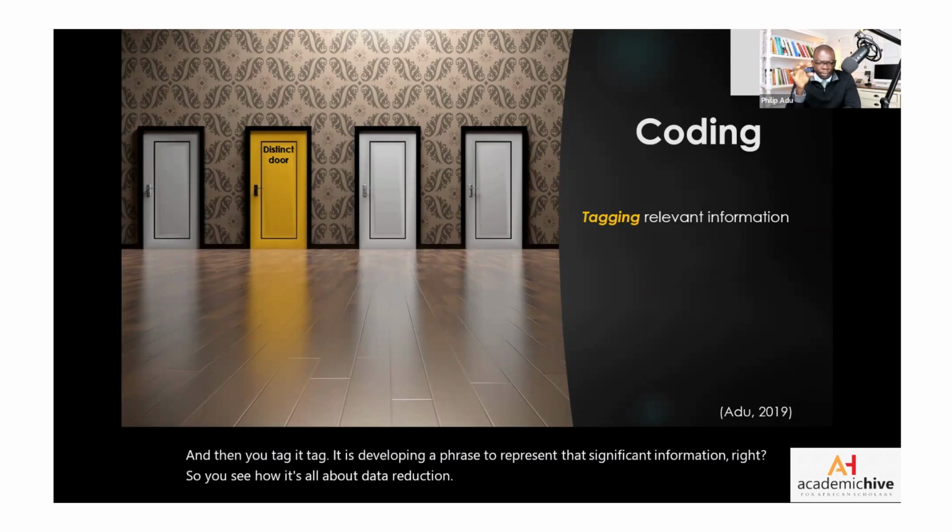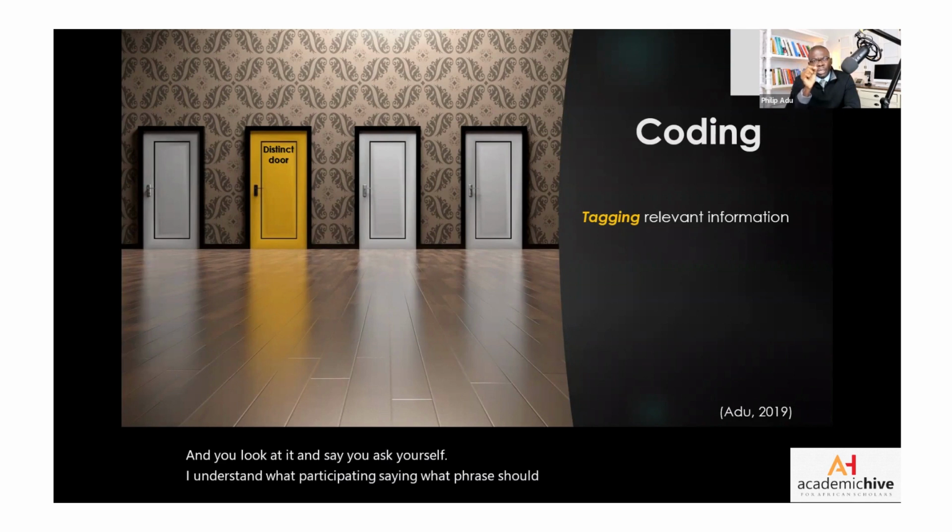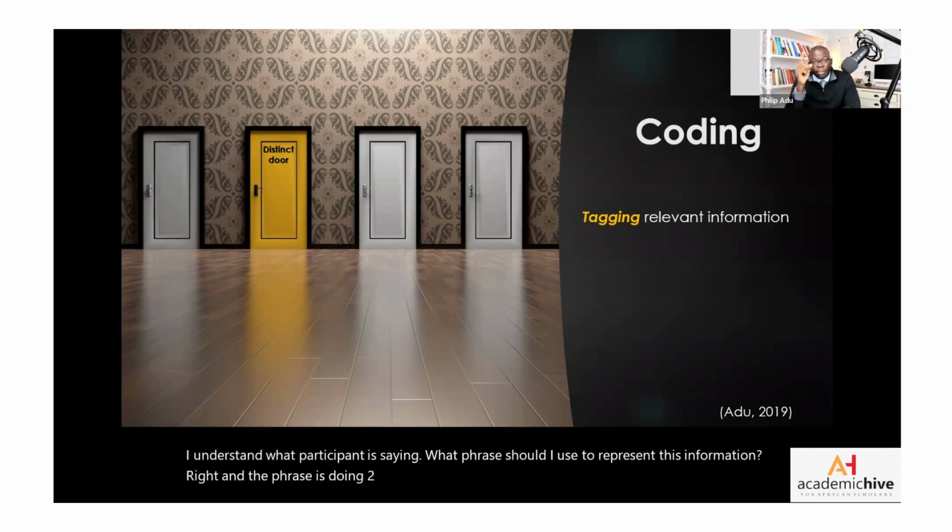The participant says something, maybe a phrase or a word, or maybe a group of sentences, and you look at it and ask yourself, okay, now I understand what the participant is saying. What phrase should I use to represent this information? And the phrase is doing two things. It is representing the significant information that you have identified, and at the same time, addressing the research question that you have.